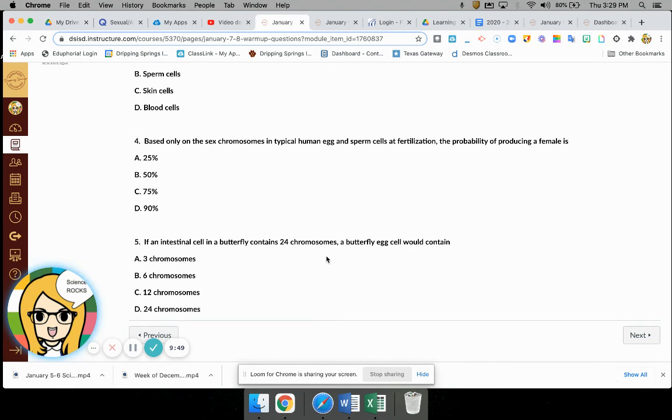But if you'll remember, gametes, because egg and sperm will eventually join, have half the number of chromosomes. So if a regular cell in a butterfly, like an intestinal cell, has 24 chromosomes, that means the egg cell is going to have half that many, and that would be 12 chromosomes. So that when it meets the male gamete, the sperm cell, also with 12 chromosomes, you have 24 chromosomes total, which is how many you're supposed to have for a butterfly.